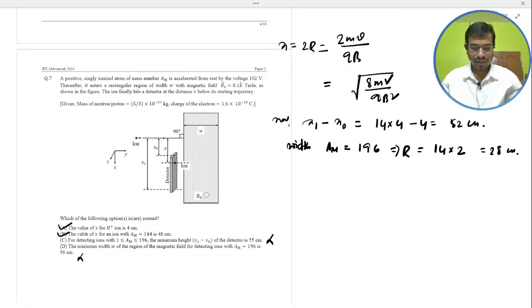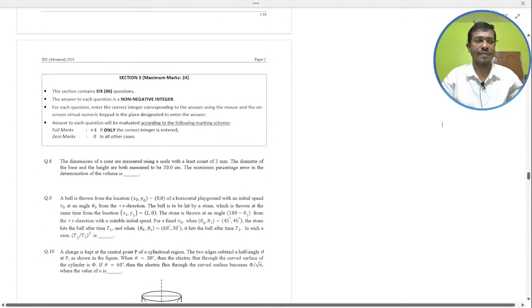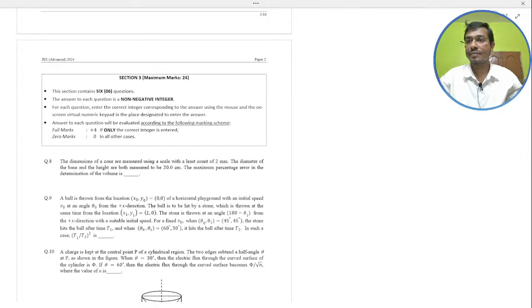Okay. Next, the numerical answer type question, NAT. Section C. Question number 10.